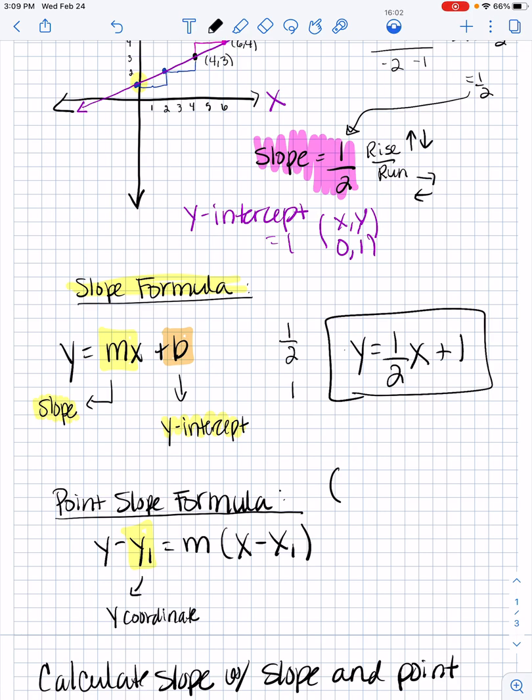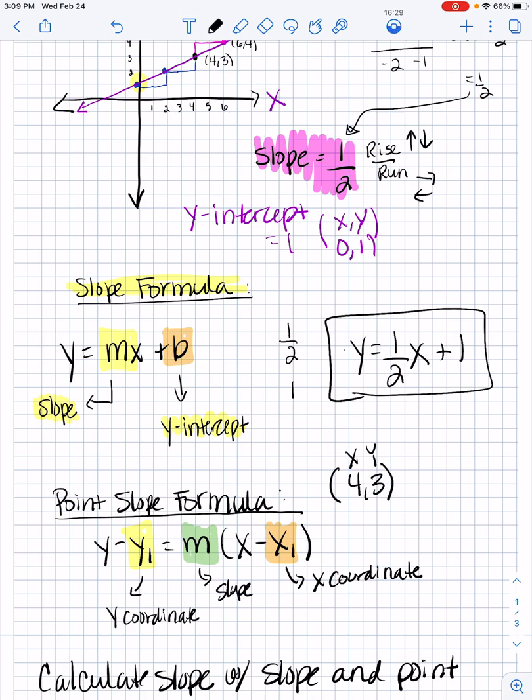The coordinate that we were given in the original problem was 4, 3, so x, y, excuse me. And the x here is the x coordinate from that pair that was given. And the last one, let's go green, that's your slope.